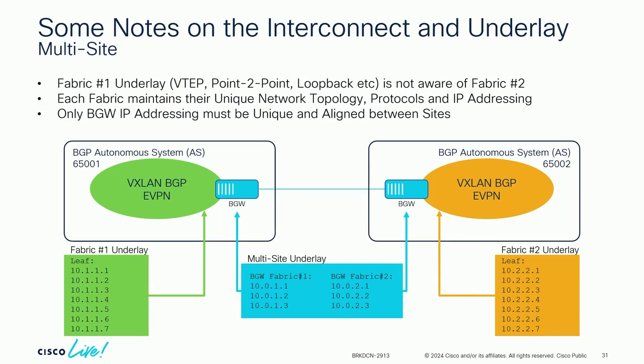So how many IP addresses do I need to interconnect two VXLAN EVPN fabrics? One per border gateway plus the virtual IP address per set, or 3 in that case. So I can separate things nicely. I don't have to bleed things over. They're separated in their existence.